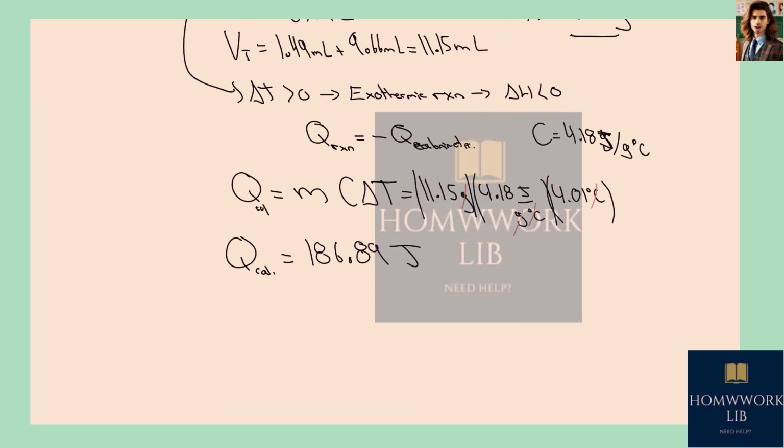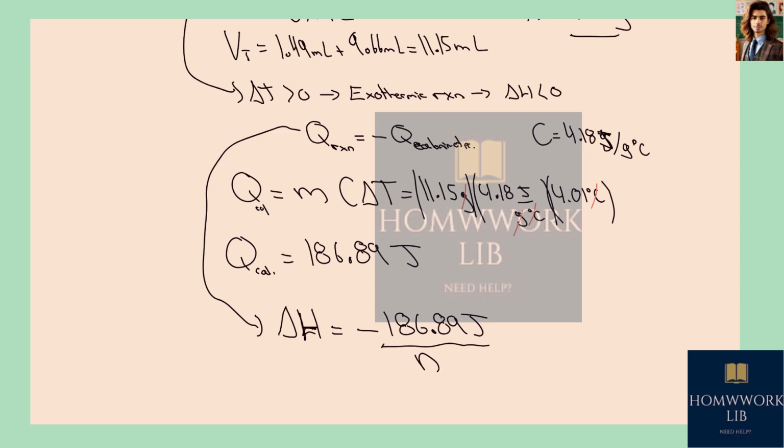Perfect. So that means using this relationship, the delta H for the reaction, the change of enthalpy, is going to be equal to minus that result, and we need to divide it by the amount of mole of reaction that we have.